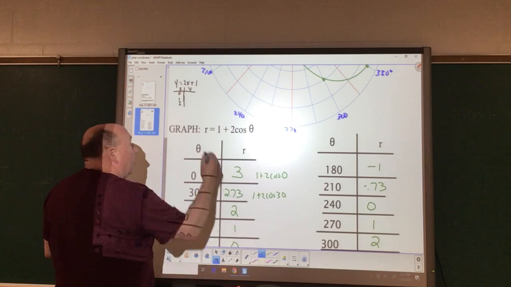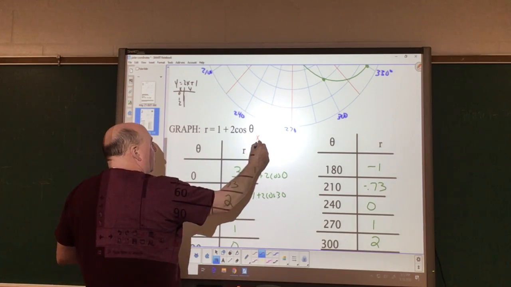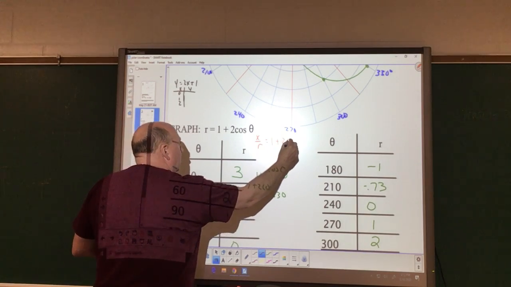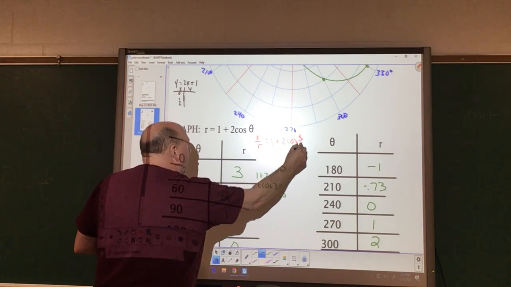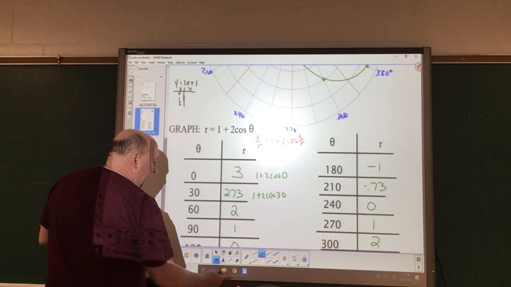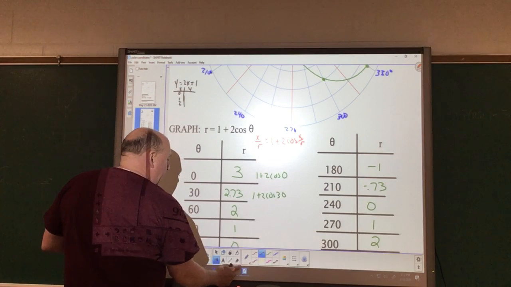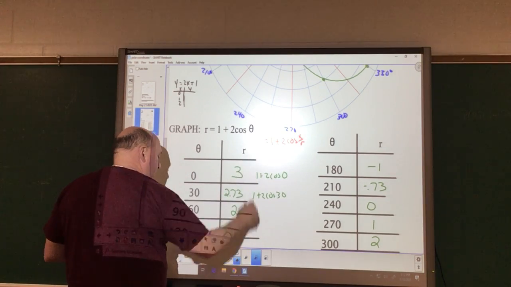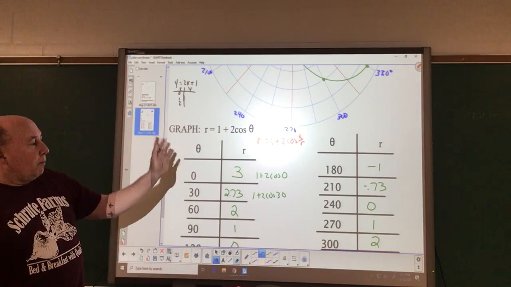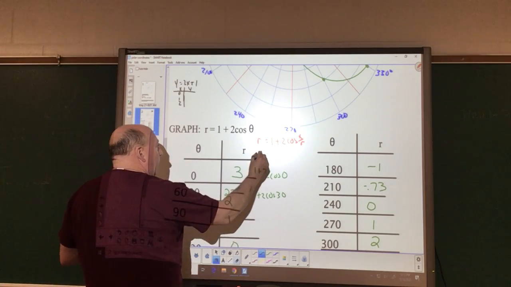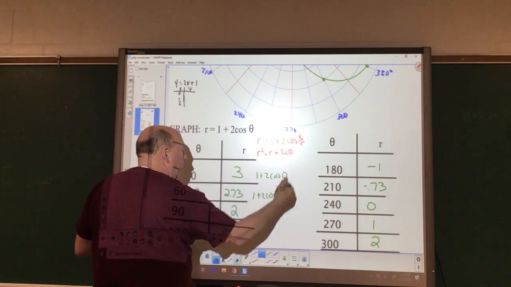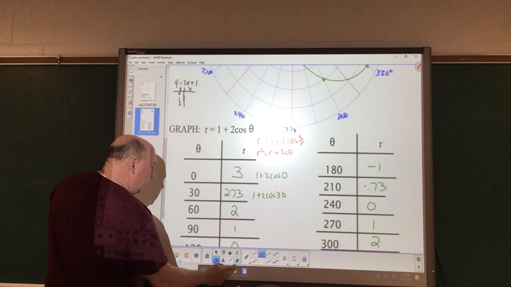what we have here is x over r is equal to 1 plus 2 cosine x over r. I'm sorry. Let me get rid of this. I'm just going to put that r squared. If I multiply through, we get r squared equals r plus 2 cosine. I'm sorry, that shouldn't be cosine of x over r.